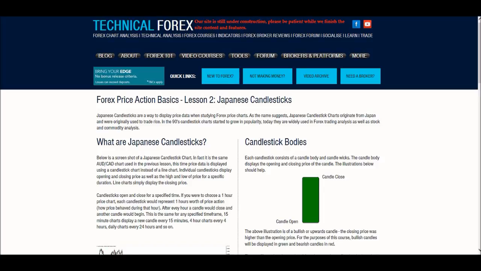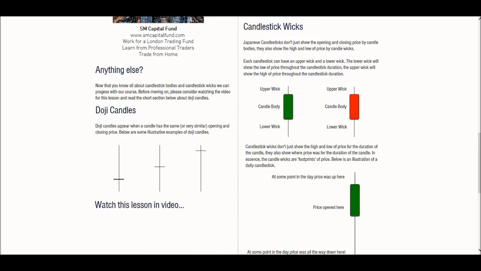So look at some price charts and see these candles forming and work out where the opening and closing prices were for certain candles and where the upper and lower wicks were. In the next video, I will cover trending markets, which is lesson 3.